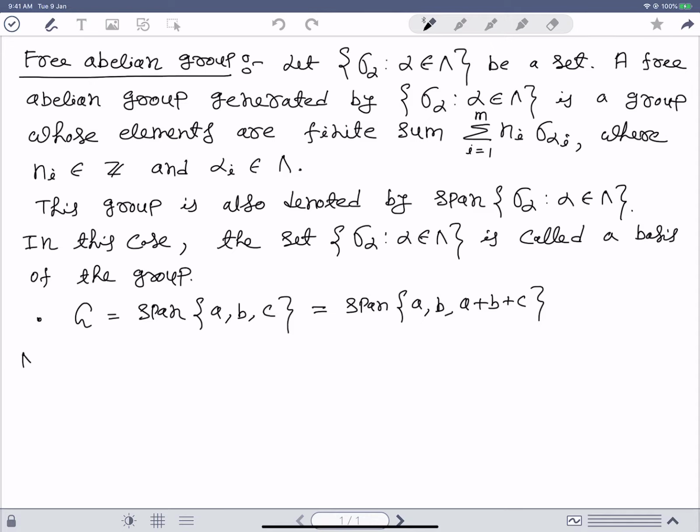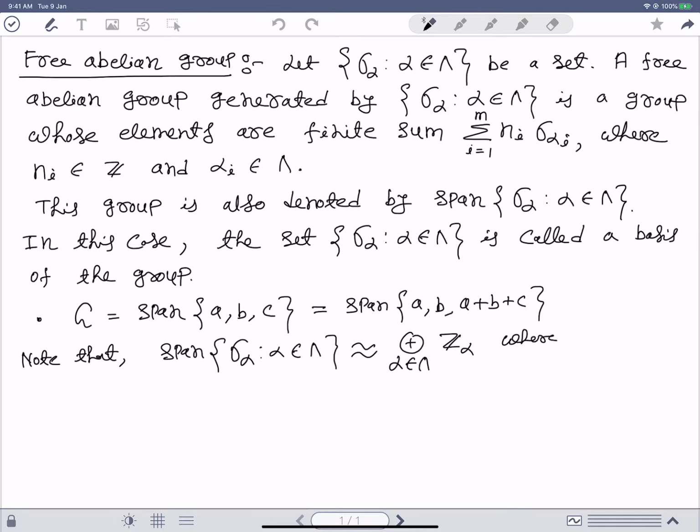That means we can write, note that the span of sigma alpha, where alpha belongs to the index set lambda, is the same as, or you can say isomorphic to, the group direct sum over alpha belongs to lambda of Z alpha, where Z alpha is the same as Z. Okay, that means this group is actually isomorphic to the direct sum of Z's. Okay, so here we have capital lambda number of Z.